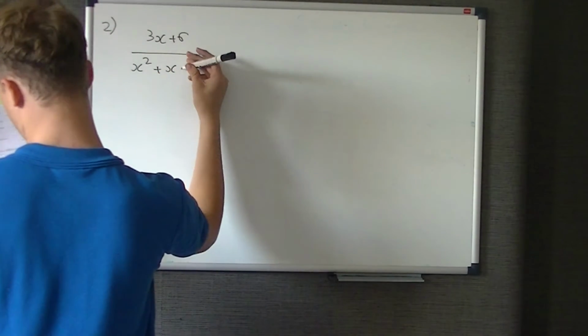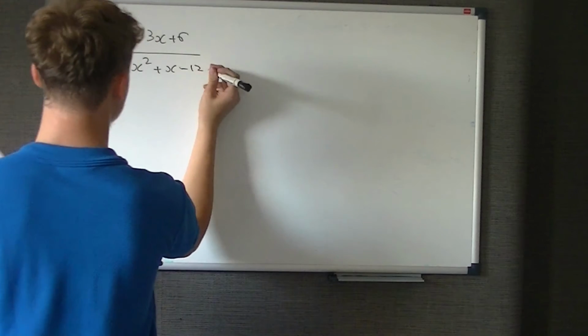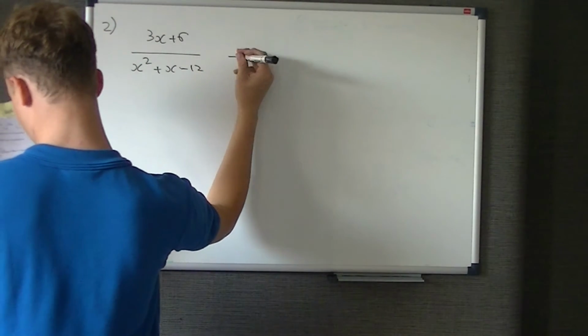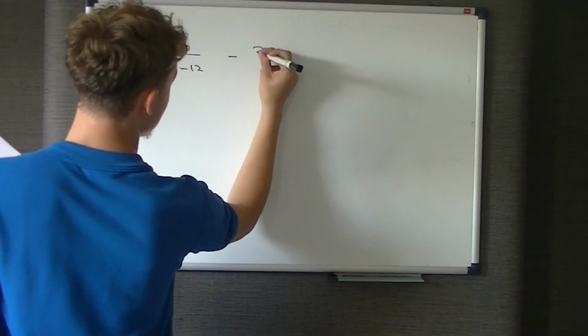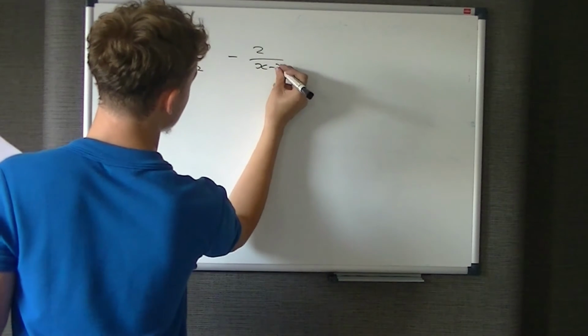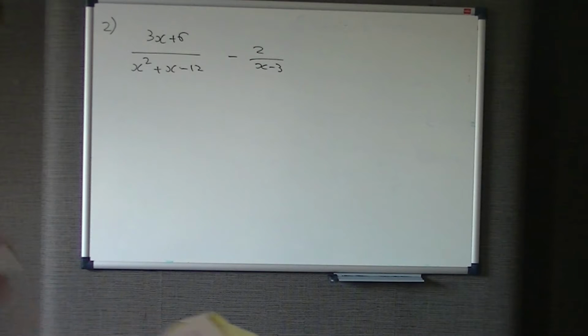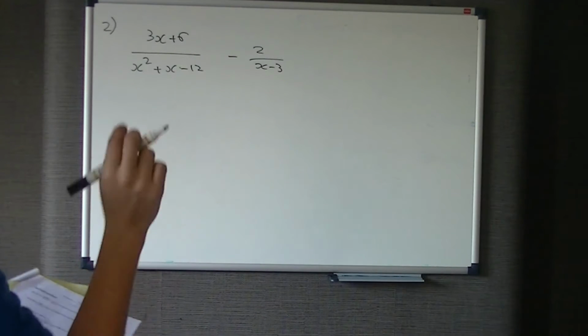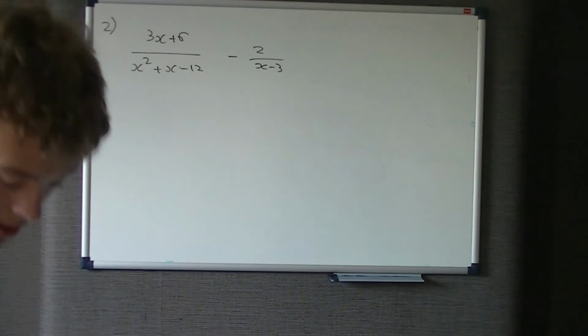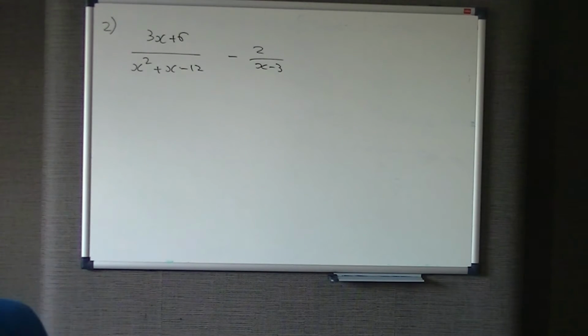So this may end up being completely pointless. 12, take away 2 over x take 3. Just to repeat that in my muffled voice, that's 3x plus 6 over x squared plus x take 12, take away the other fraction, 2 over x take 3. Just make sure, because I wrote it down here, I've got it right.